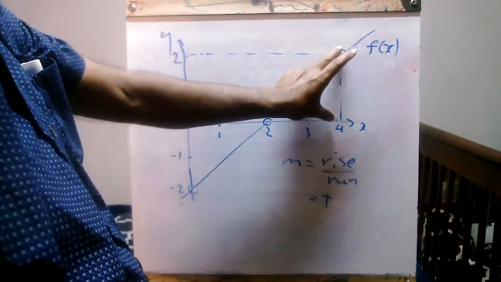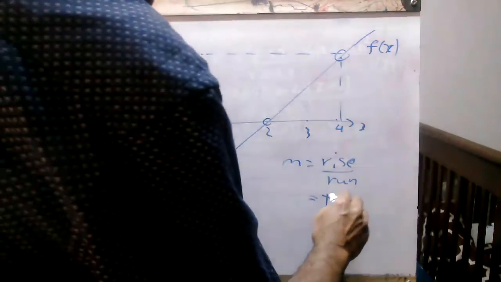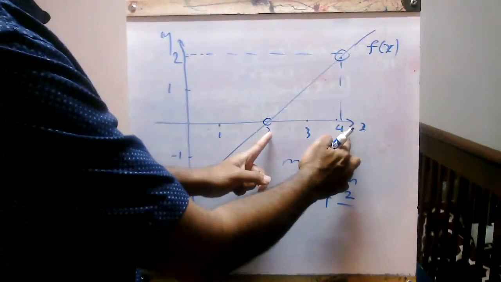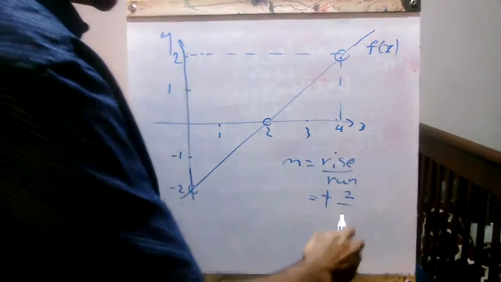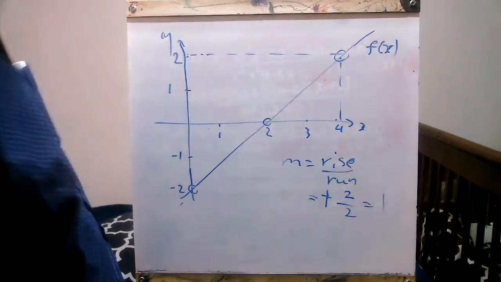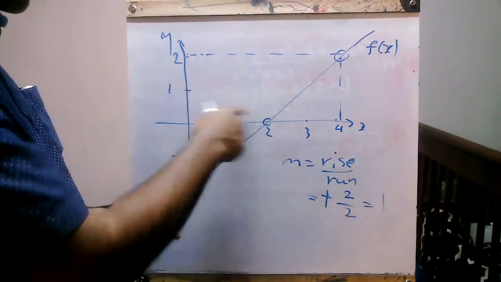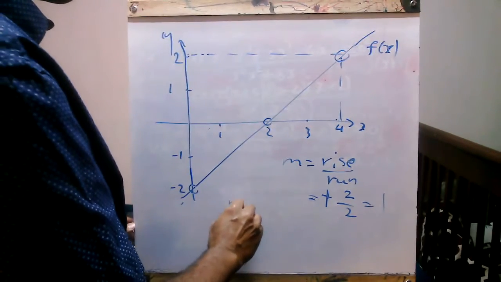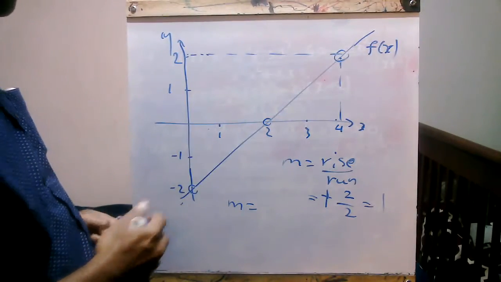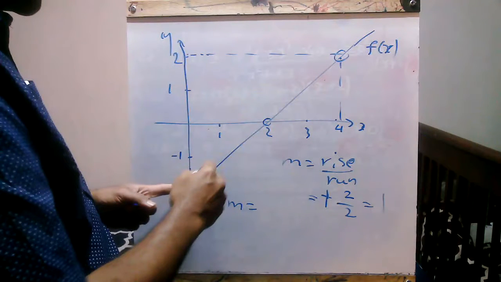Rise, the y coordinate difference, is 2 on this positive side, divided by run, which is from 2 to 4, again 2 units, which is 1. Now, do we get a different answer if we get the slope from here? Let's try. Same line, it cannot be different. Looking at the line, the slope should be positive.